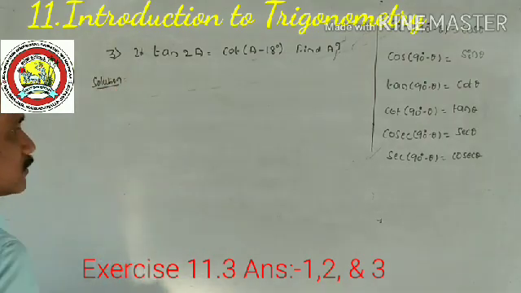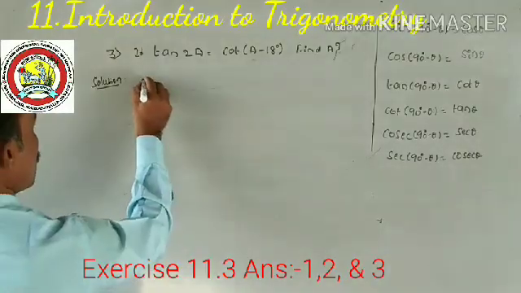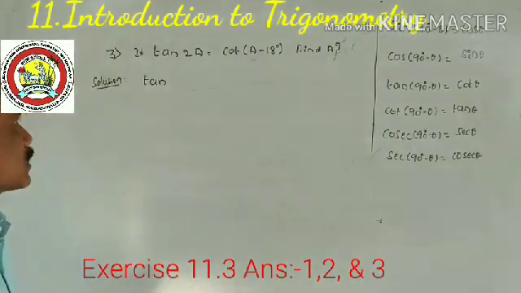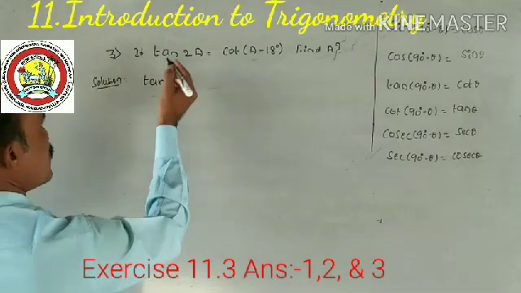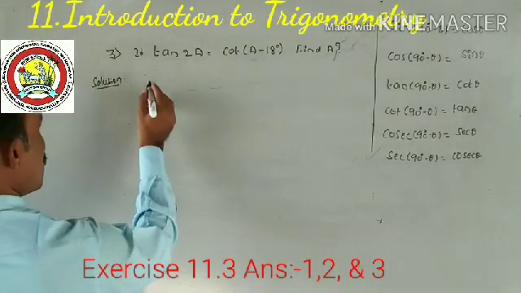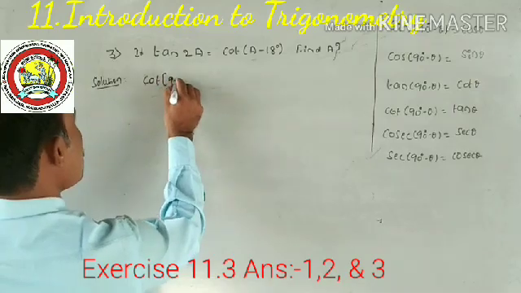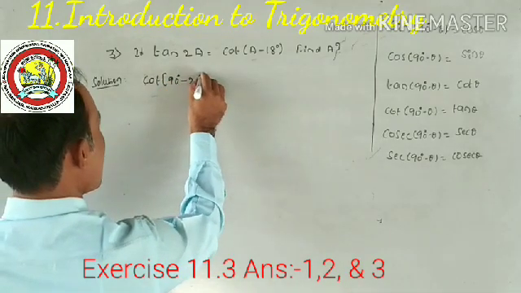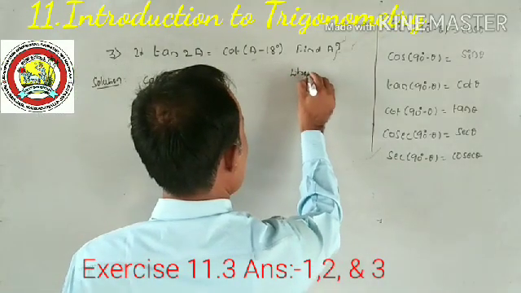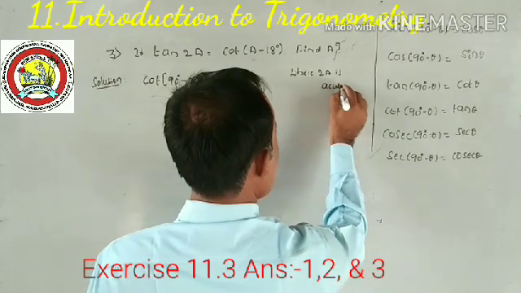That's very simple. Tan changes to cot. Tan 2a can be written as cot of 90 degrees minus 2a. This one you change instead of the other, then it will be very easy. The condition is very important: they have given that 2a is acute.